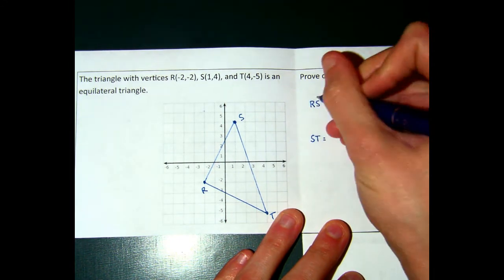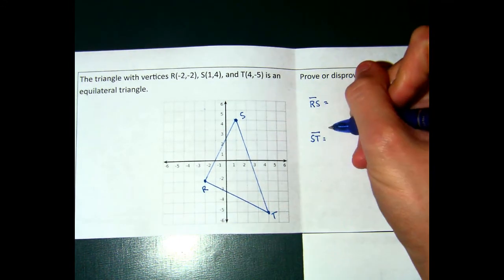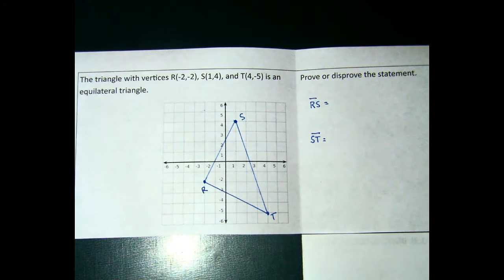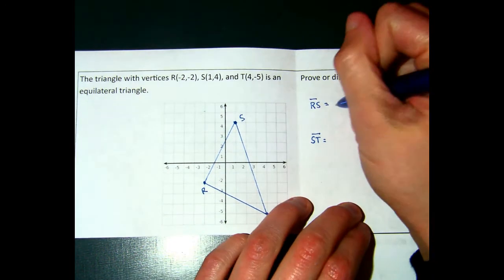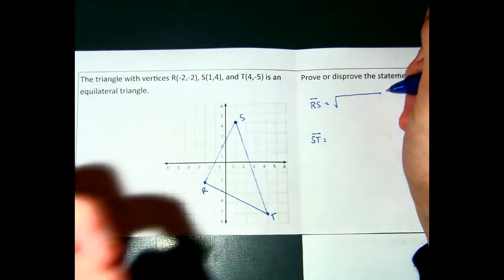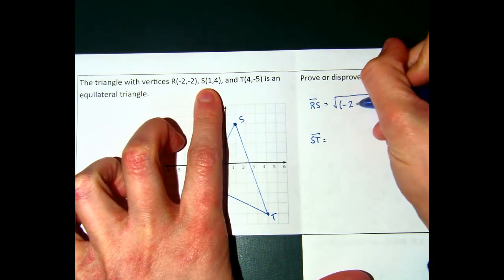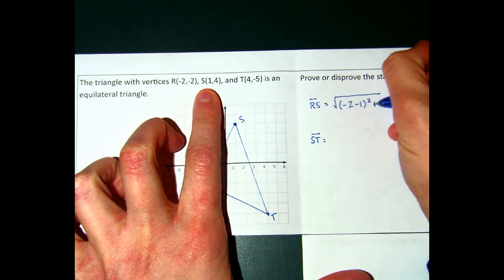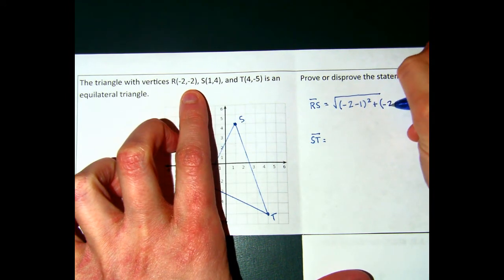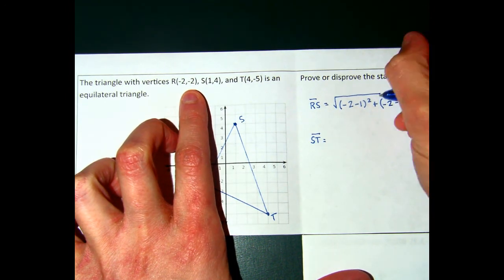We're going to use the distance formula just like we did the day before. Set these up. So RS is negative 2 minus 1 squared, again using the distance formula, and negative 2 minus 4 squared.